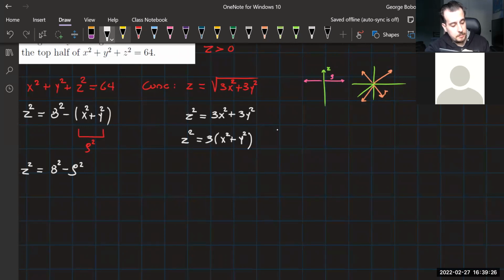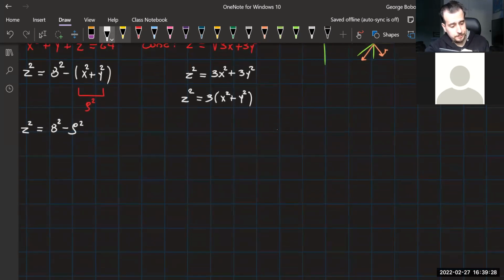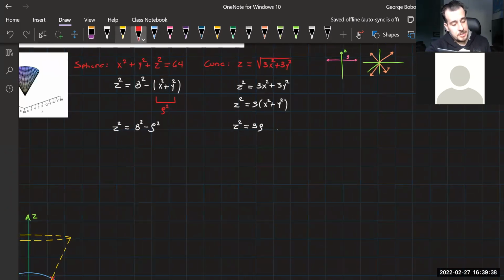And with the same token, that is again rho squared. So this is basically just 3 times rho squared. Yes, sorry about that.